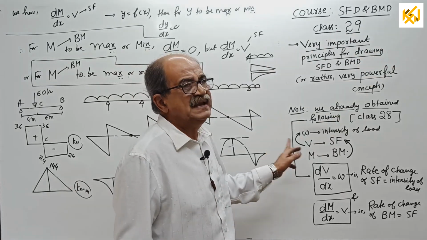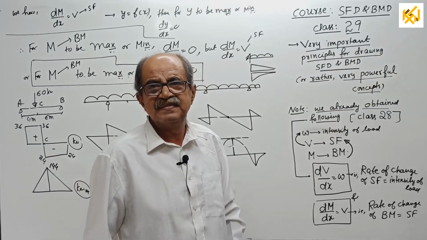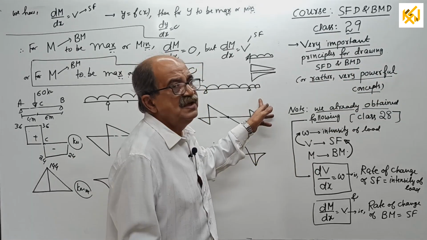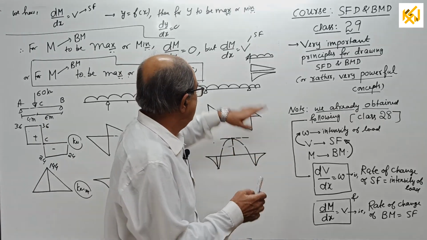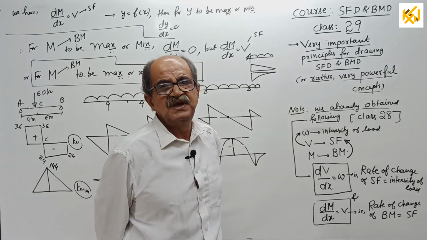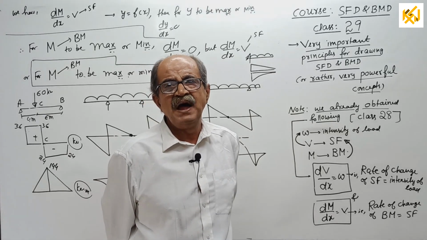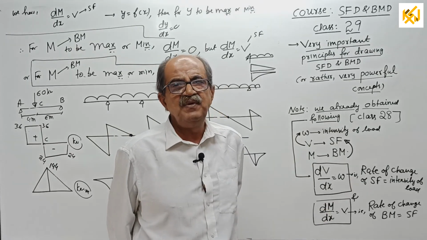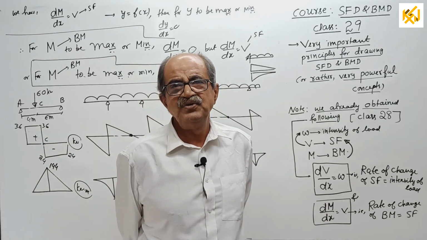Anything applicable for mathematics is applicable here. I will tell what the conditions are, that is, when you cannot write directly that bending moment is maximum where shear force is 0. The reason is purely mathematical. When the time comes, I will tell; or in general, bending moment is maximum where shear force is 0.